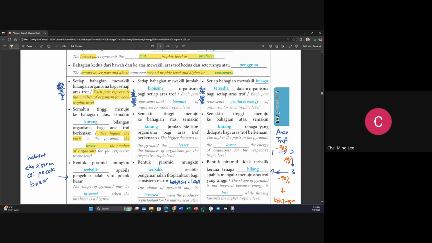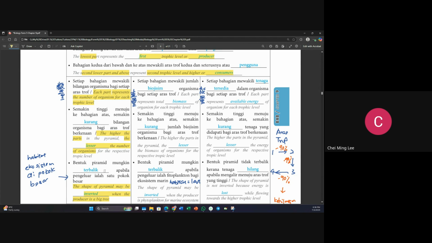However, the shape might be inverted. The pyramid might be inverted, where the bottom is smaller, when the producer is a big tree. Why?